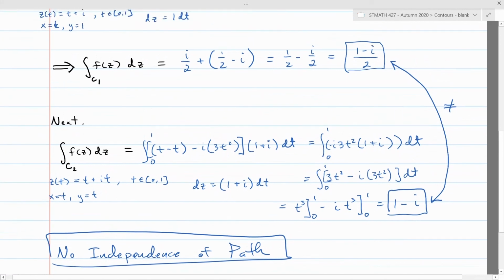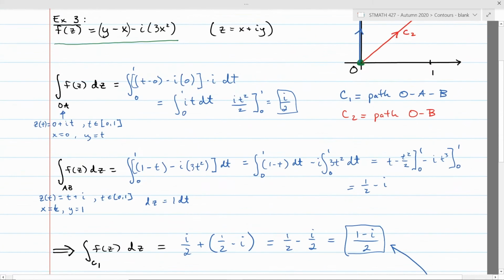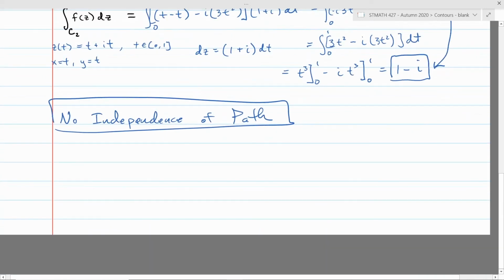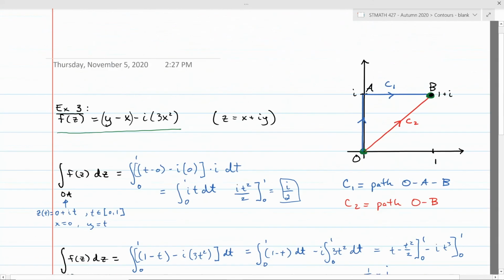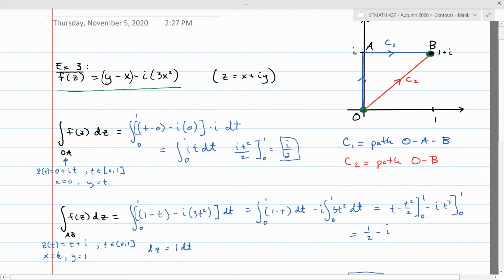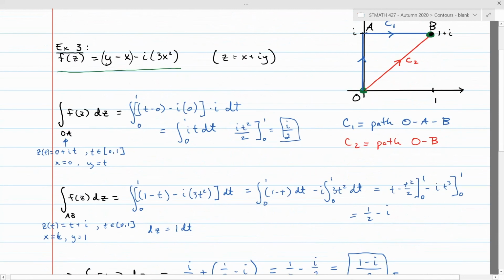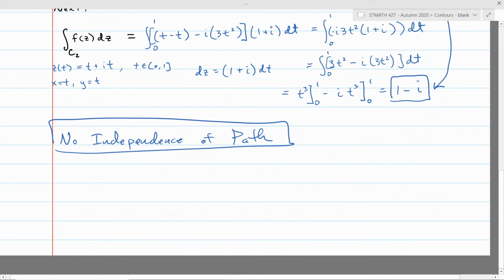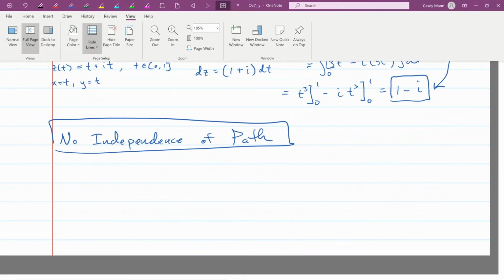And essentially, we're going to see that for that function it's impossible to find an antiderivative. It's not the gradient of some other complex valued function. And you had a similar thing like this back in multivariate calculus.